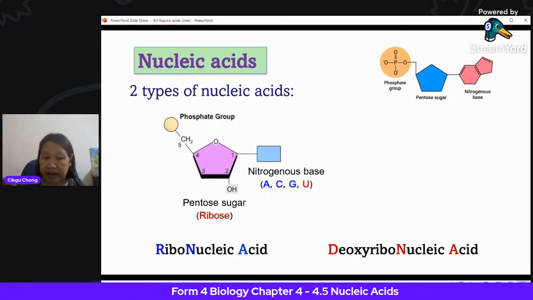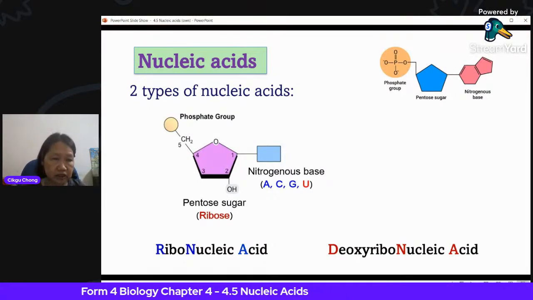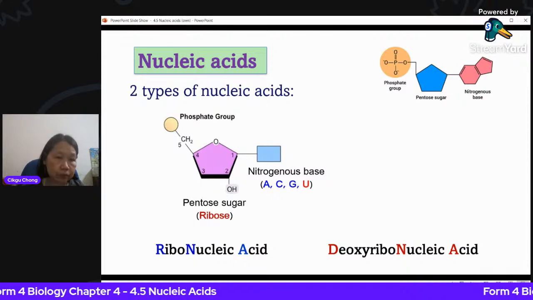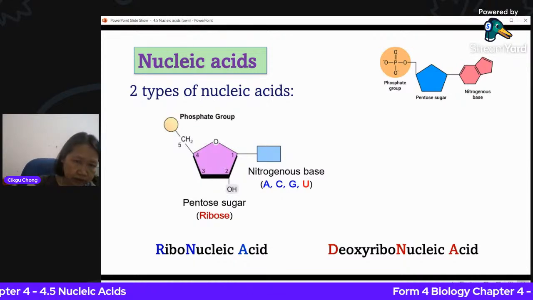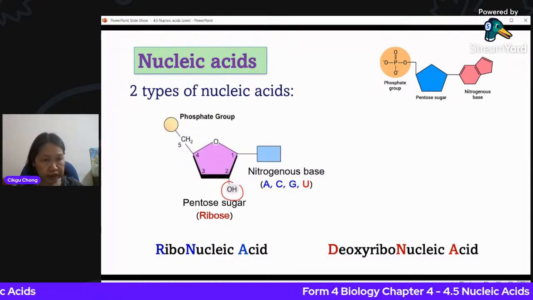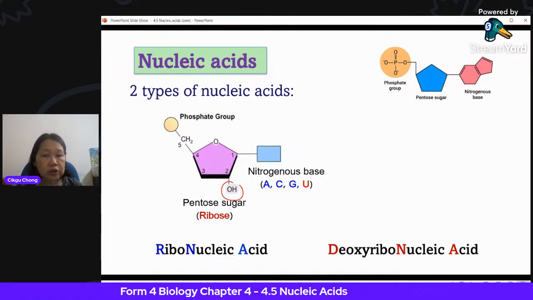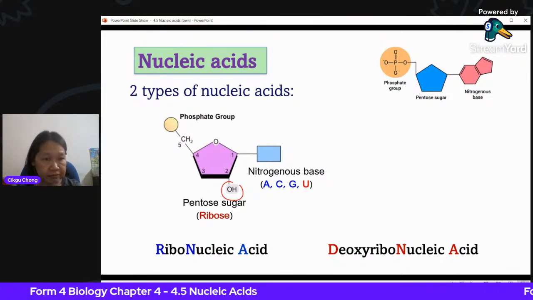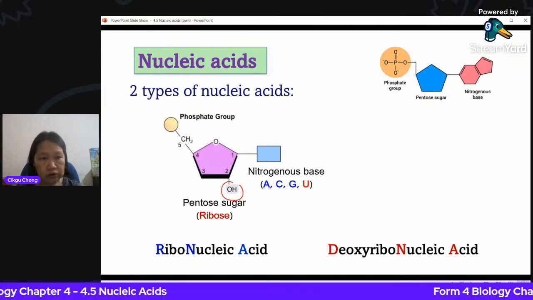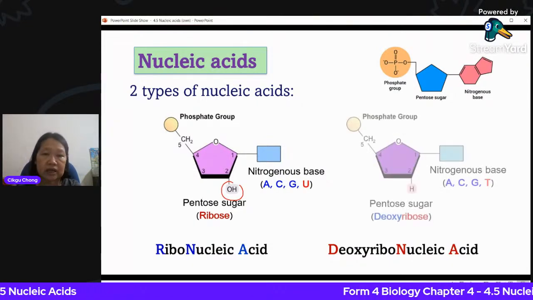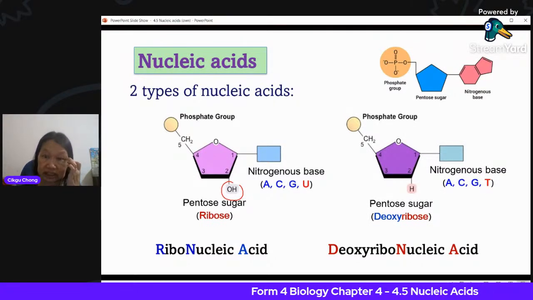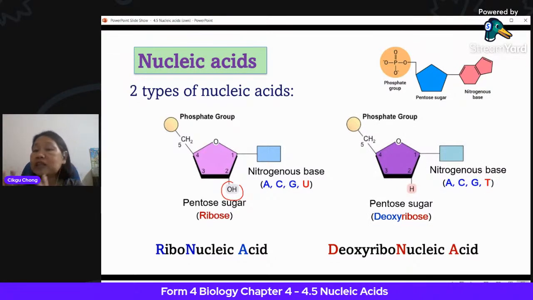For RNA, the pentose sugar is ribose sugar. This one. No need to remember the OH, but it is a ribose sugar. But for deoxyribonucleic acid, the pentose sugar used is deoxyribose. It's this one.